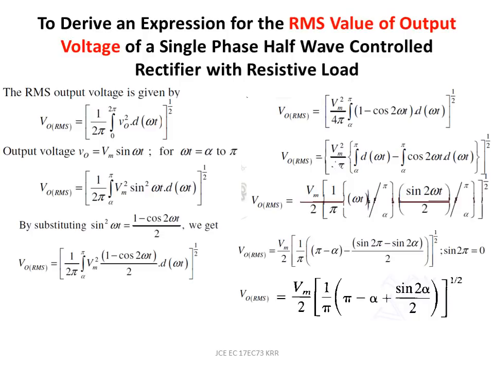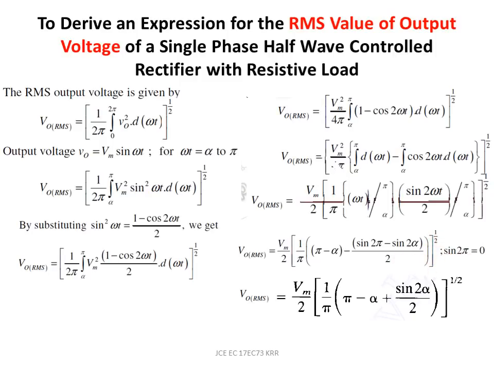So V naught RMS becomes equal to Vm by 2, 1 by pi. I'll substitute this pi minus alpha inside. Then coming to this, it is minus sine of 2 omega t by 2 between the limits alpha to pi. So I'll substitute wherever there is omega t. So sine of 2 pi minus sine of 2 alpha divided by 2, the whole to the power of half.